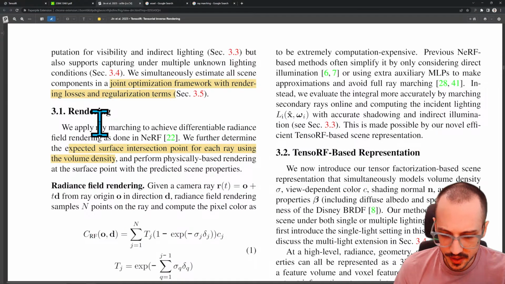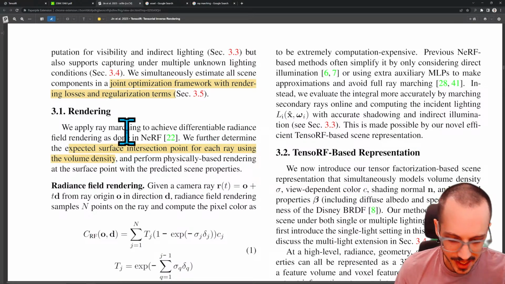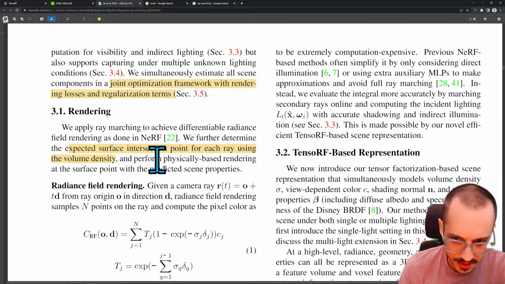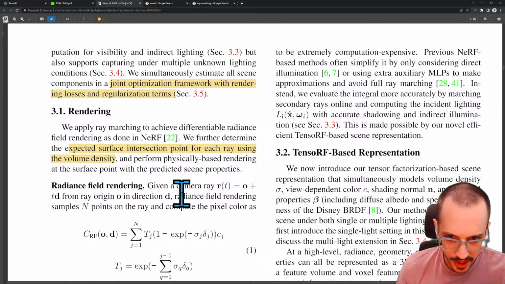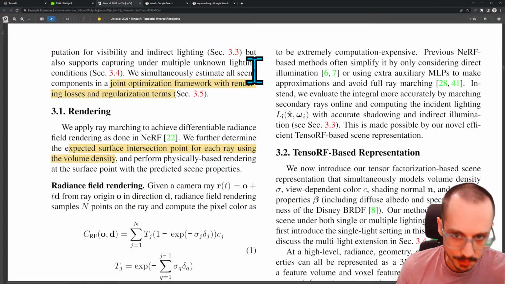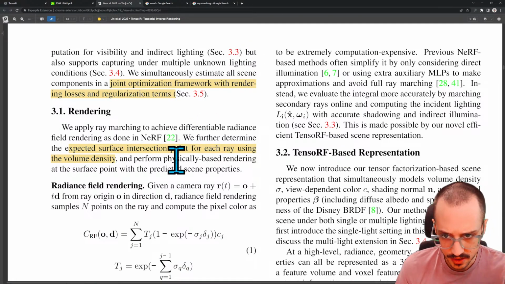So there's a little bit of a prior there, as in one of the assumptions that they're using. You could have a Gaussian prior, or you can have a prior that's more of a high-level concept. And here, one of the priors that they're using is that at the very peak of the opacity curve along the ray, we're going to assume that that probably represents the surface of the object.